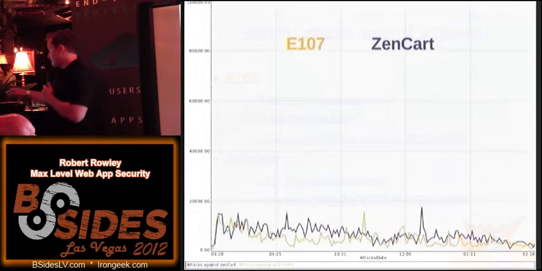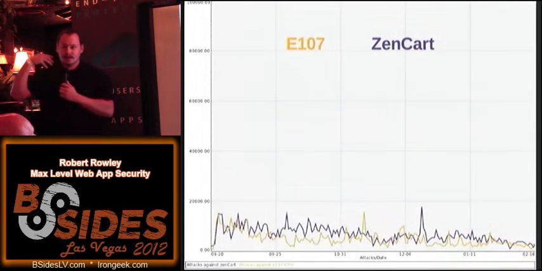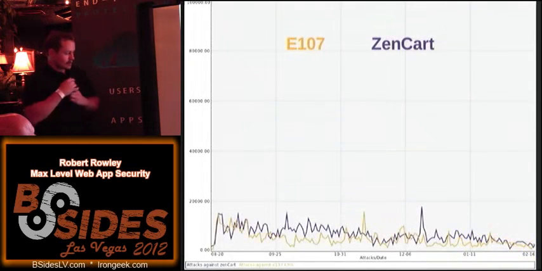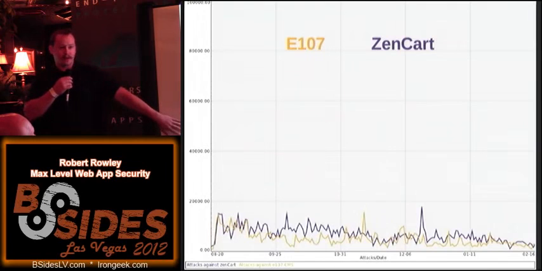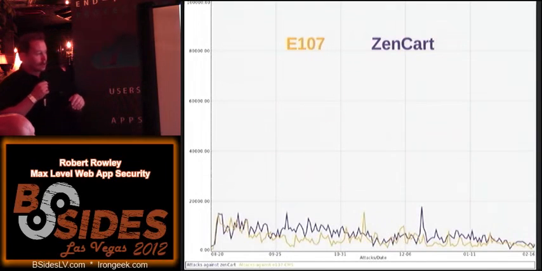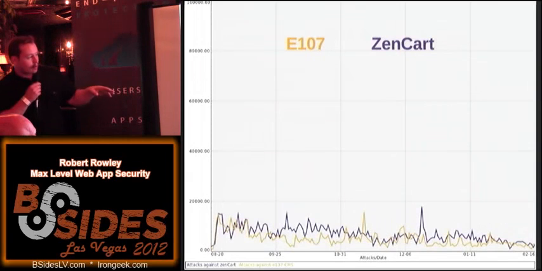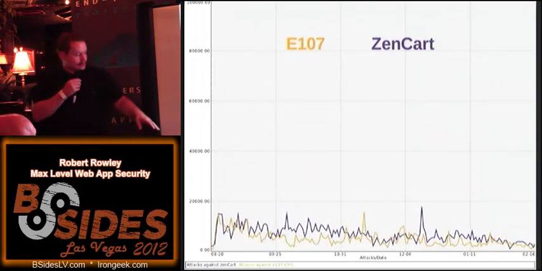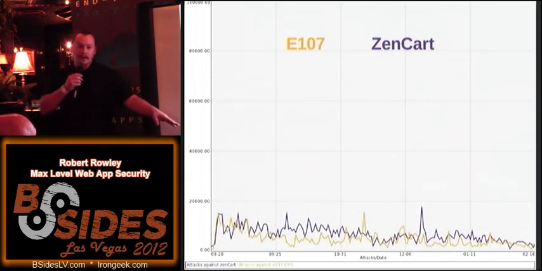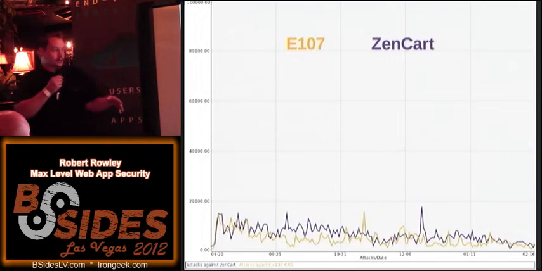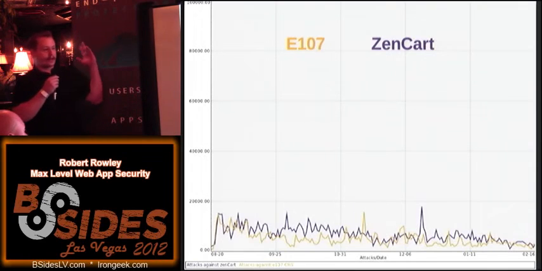But these two attacks, even in 2011, which is when this graph starts in August 2011, going on to March 2012, the average is still around 10,000 attacks per day for each one of these known exploits. These exploits are 2-3 years old, and they're still attempted every single day.